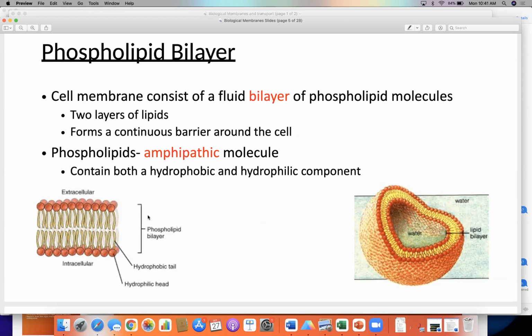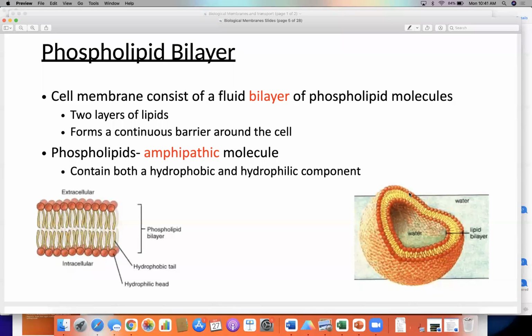The phospholipid bilayer is just an assembly of phospholipids. If we look at a three-dimensional illustration of that, we have this continuous barrier of phospholipids arranged in this bilayer sheet formation, where we now have this 3D illustration of this barrier around the cell. So it's not one-dimensional.